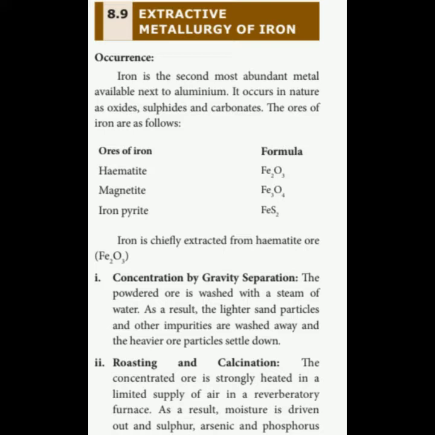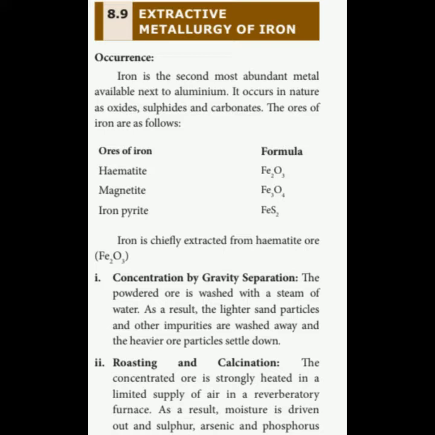Calcination means the ore is heated at high temperature but in the absence of air. So both are heating at high temperature. In the presence of air we call it roasting. In the absence of air we call it calcination. So the concentrated ore is strongly heated in a limited supply of air in a reverberatory furnace.